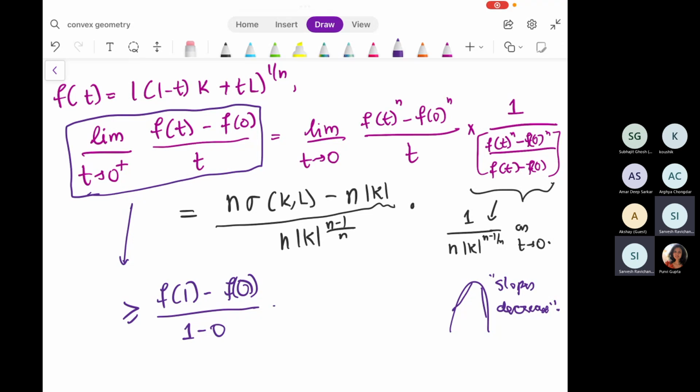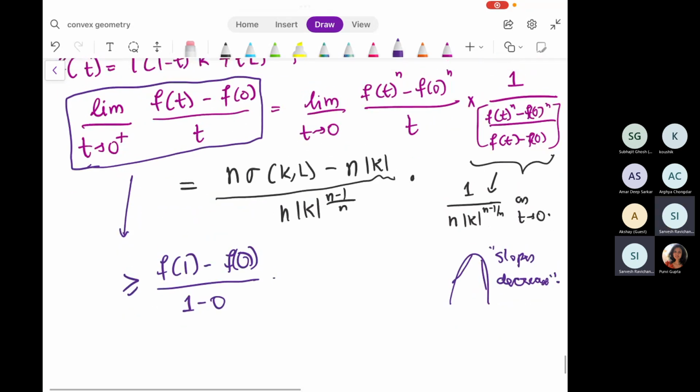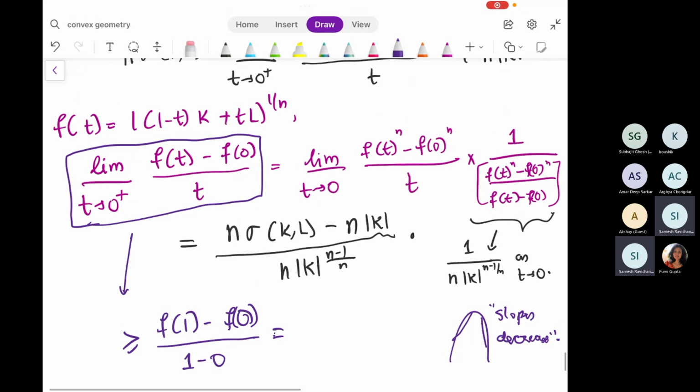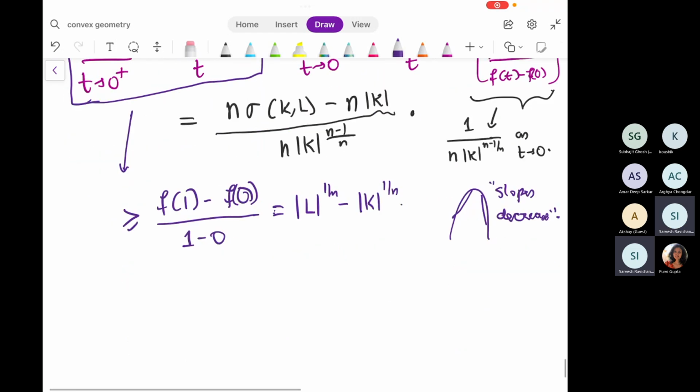But we know what f of 1 minus f of 0 by 1 is, because we know what f is. So f of 1 minus f of 0, by definition of f as written on top here, is just the area of L to the 1 by n minus the area of k to the 1 by n. So this is by Brunn-Minkowski and concavity.